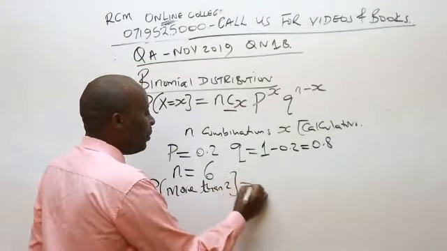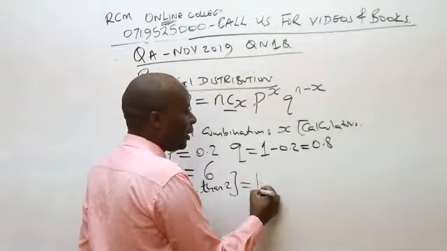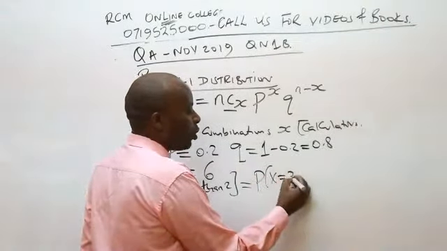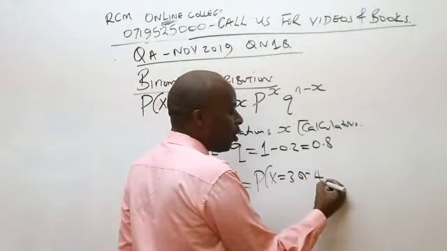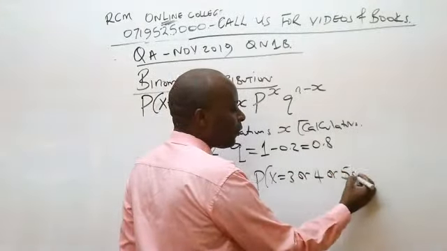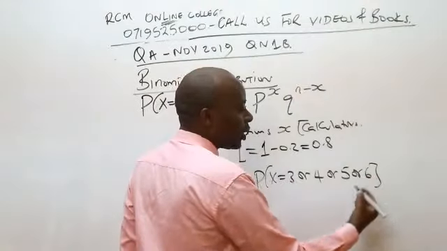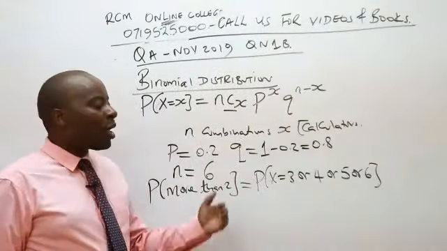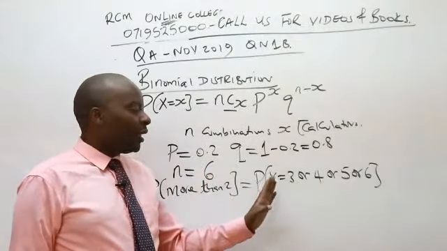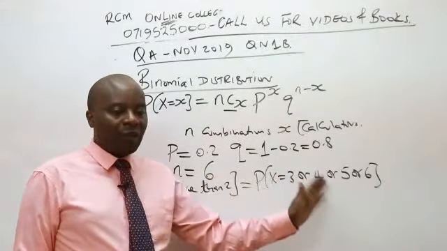Probability of more than 2 means probability of X being equal to 3, probability of X being equal to 4, 5, or what here, somebody? 6. So you evaluate the probability of each of these events, and then you add them.